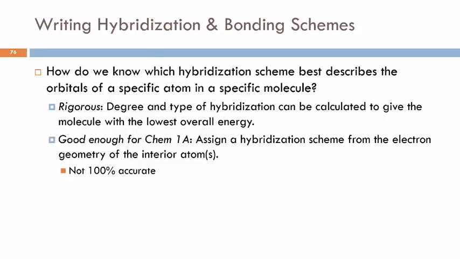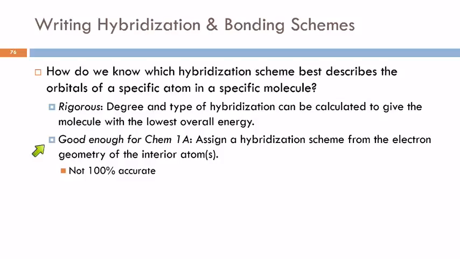So here we get to that question. How are you knowing which hybridization to use for these different ones? Well, the rigorous method is the degree and the type of hybridization, because not all the hybridizations are complete. We saw that with the lone pair, is calculated to give the lowest energy to the molecule. That's very, very involved. We're not going to do that.